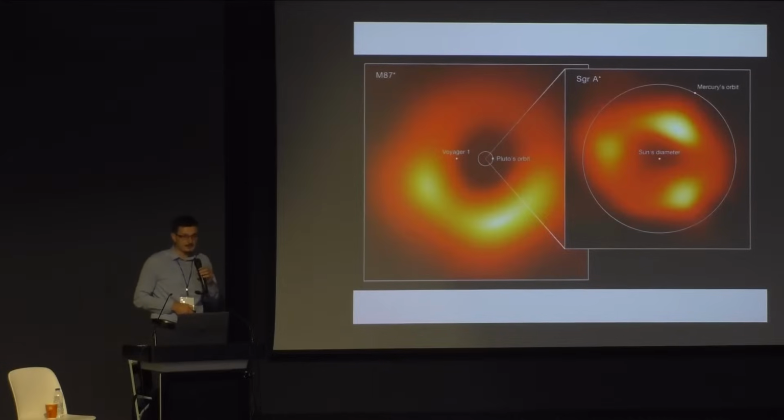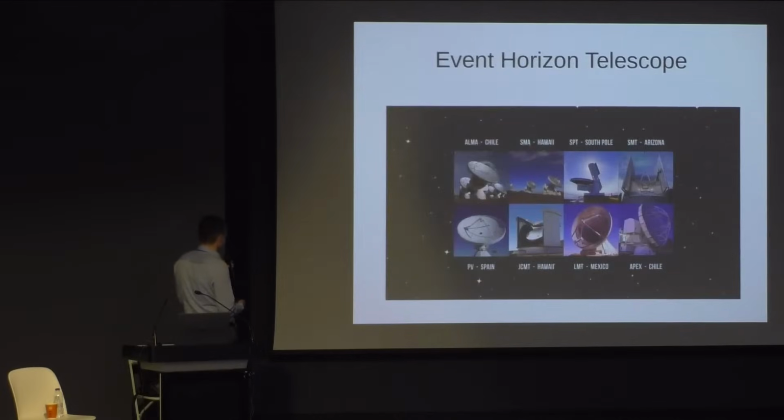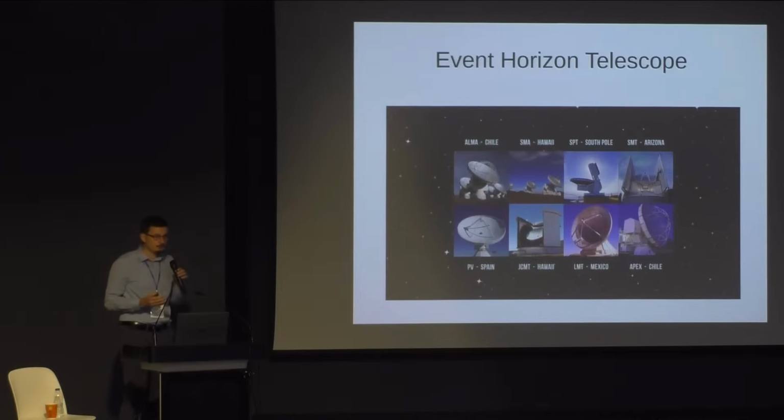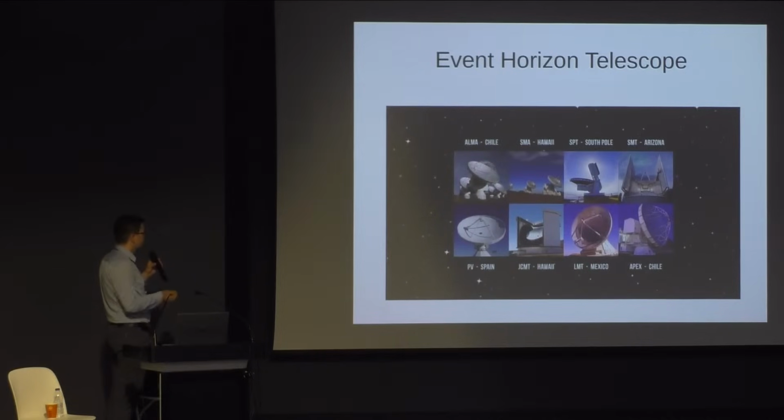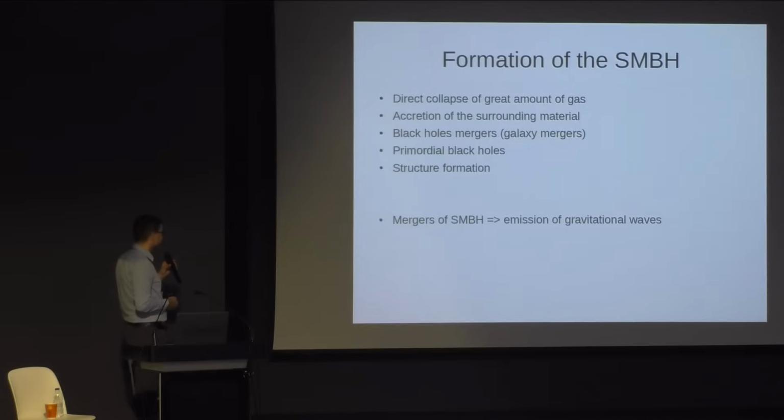So it's pretty large. The Event Horizon Telescope is actually a group of radio telescopes all around the world, working like an interferometer, so they can observe in radio waves the signal from the area very close to supermassive black holes.